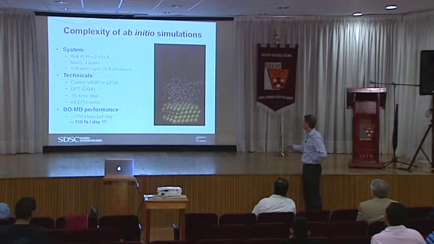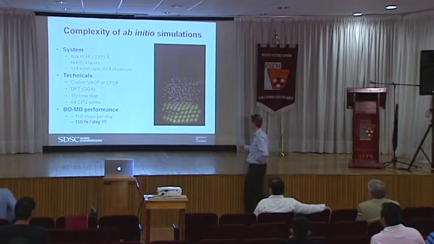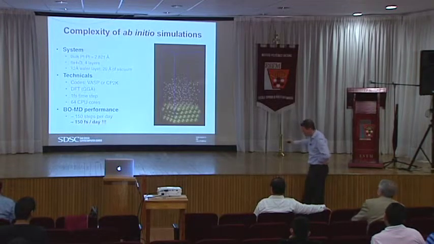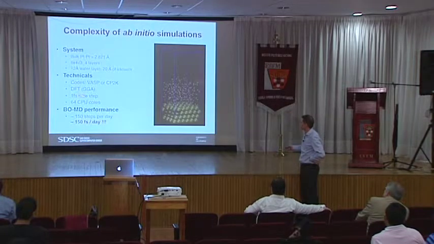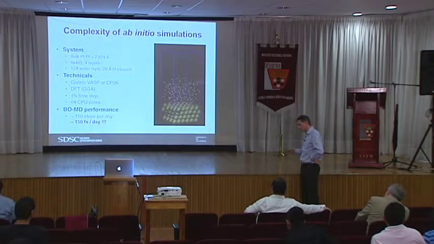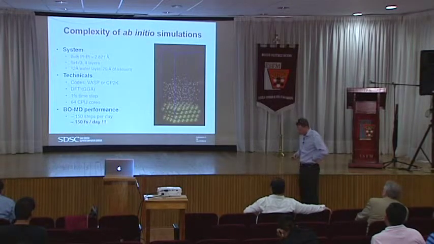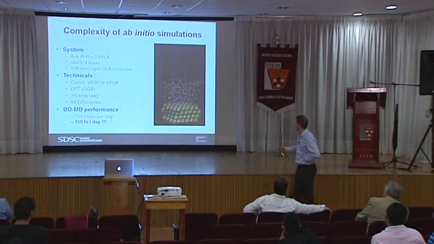Nevertheless, if you want to do density functional theory molecular dynamics simulations with a simple GGA functional, so that's one of the cheaper ones that are affordable and also useful to converge the electronic structure of the metal, using a 1 femtosecond time step, if you run this on, say, 64 CPU cores, as far as I know, well, there are new methods now, but what we looked at here 2 years ago, there were no reasonable methods that scaled effectively to very large core counts, so you can't really speed up the simulations.